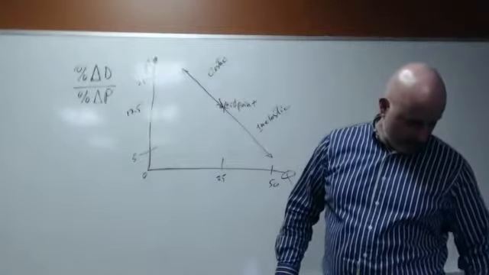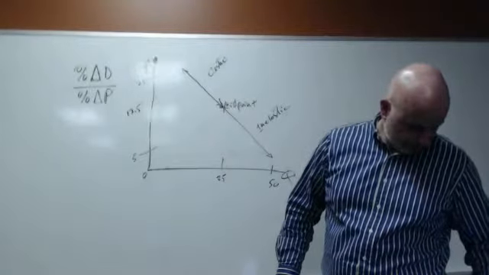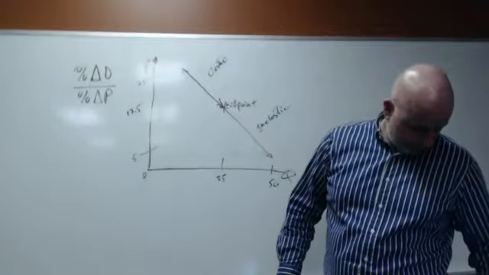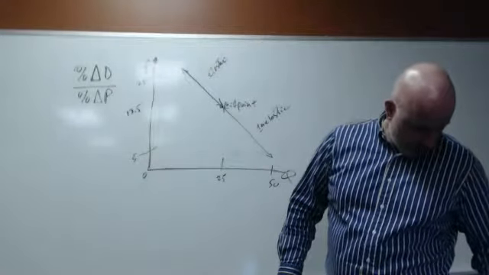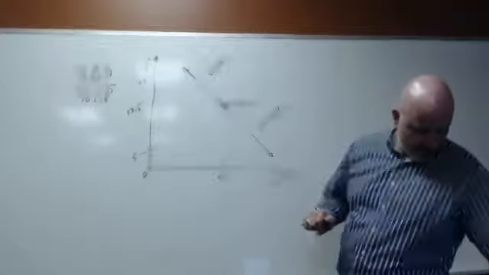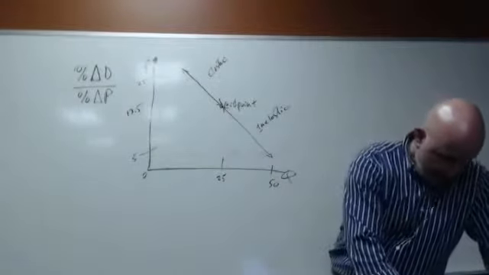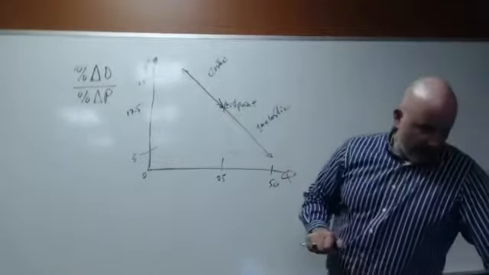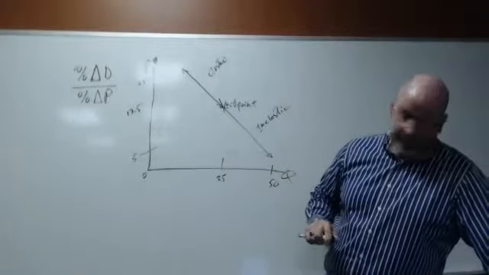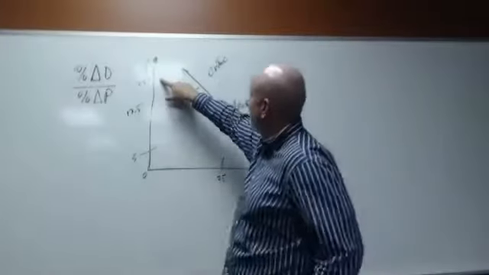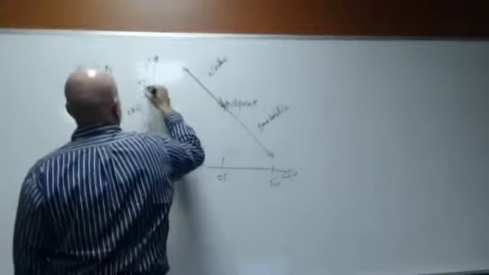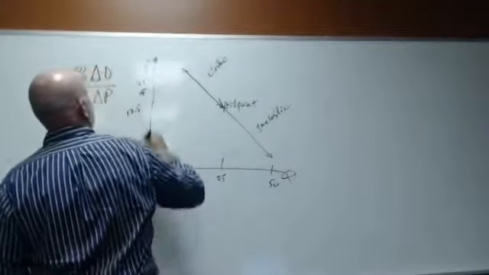And let's start making some pizzas now. All right, so if the price falls from 25 to 15, so 15 is gonna be somewhere right in here.